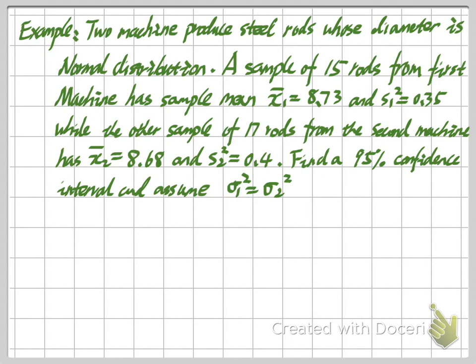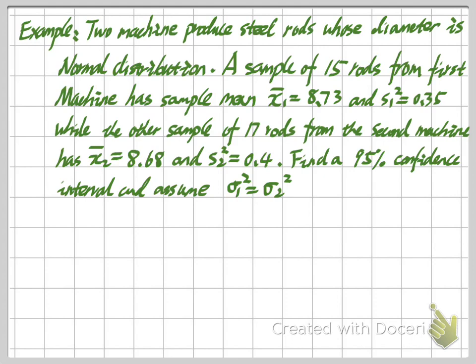And also we will select another sample from the second machine. So here we have 17 as our second sample size, with this sample mean x bar 2 equal to 8.68, and the sample variance S2 square equal to 0.4.